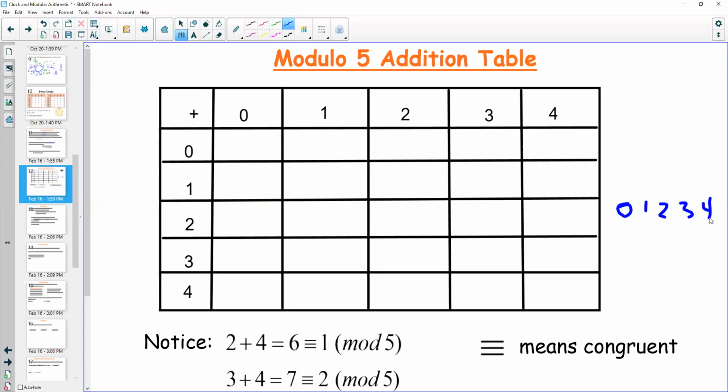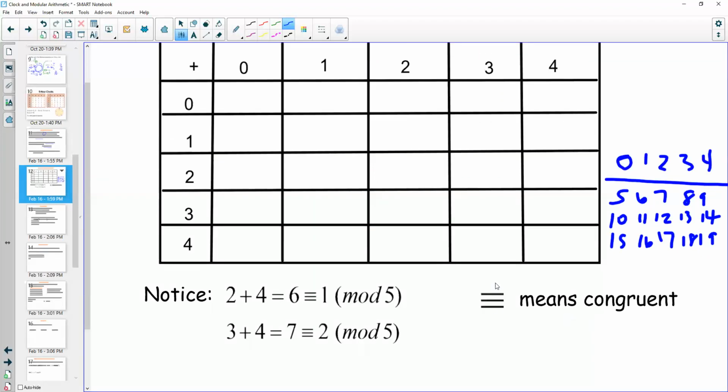What happens in a modulo is that you just keep counting. So 5, 6, 7, 8, 9, 10, 12, 13, 14. I'm going to make myself a little space here. What happens is we make numbers that are congruent here.